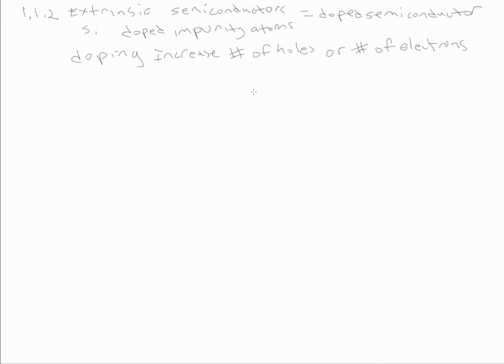And you want to dope it because that pure intrinsic silicon has a low number of charge carriers, since only thermally generated holes or electrons are available. And so that gives you very low current handling capabilities. And also doping modifies the conductivity / resistivity of the material.